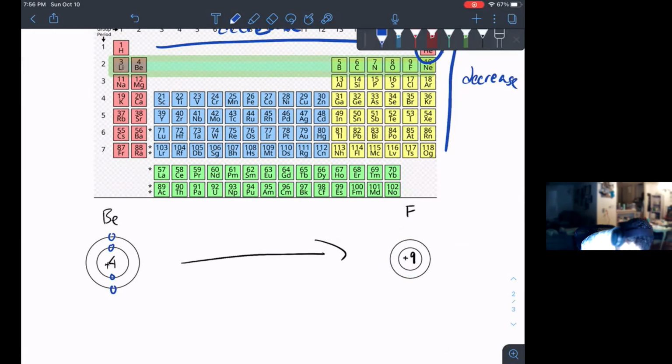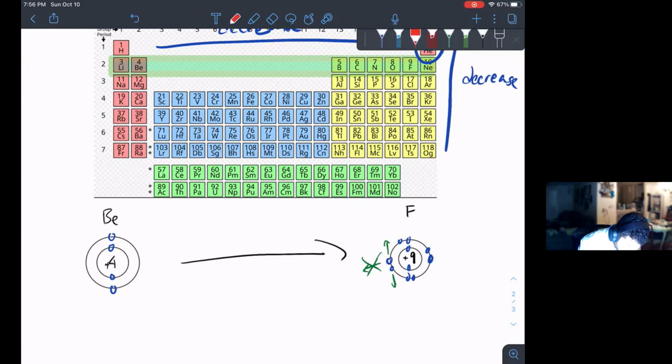And so our electrons are a heck of a lot closer. Now, there are more electrons, and you would say, wouldn't they repel each other? But they're kind of pushing out this way, not so much that way. That doesn't really happen. So the 9 extra protons are bringing them in a lot closer.